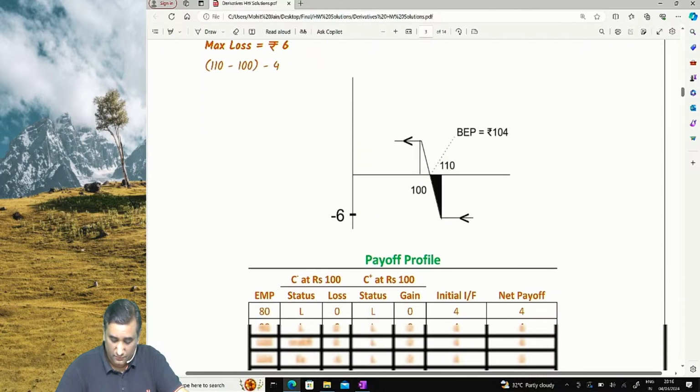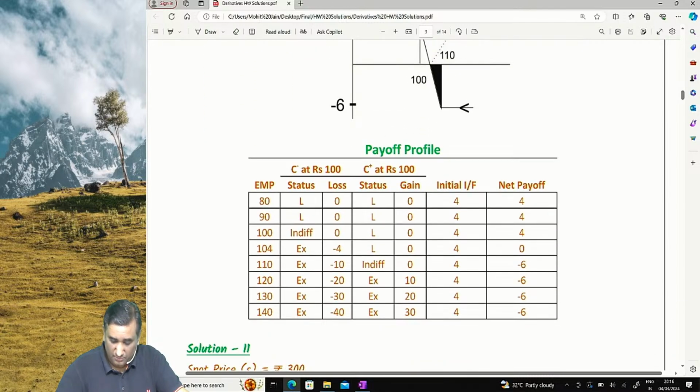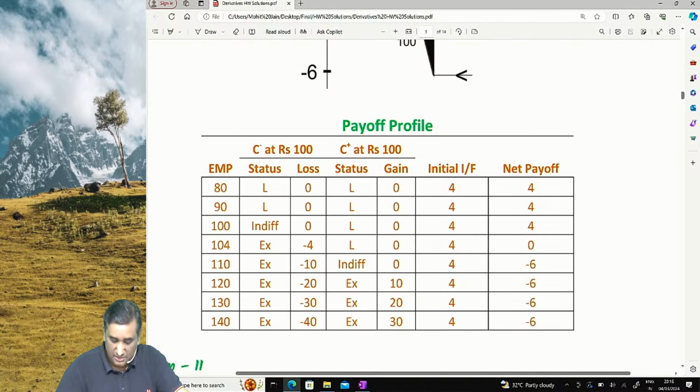I'll show you the payoff profile now. C minus at 100, writer case it's loss, loss, loss, loss, loss. I have C plus at 110, and gain, which comes with the initial inflow. It was a case of initial inflow, yes, initial inflow 4. Then you have the net payoff. I have taken 104 to include a break-even point.